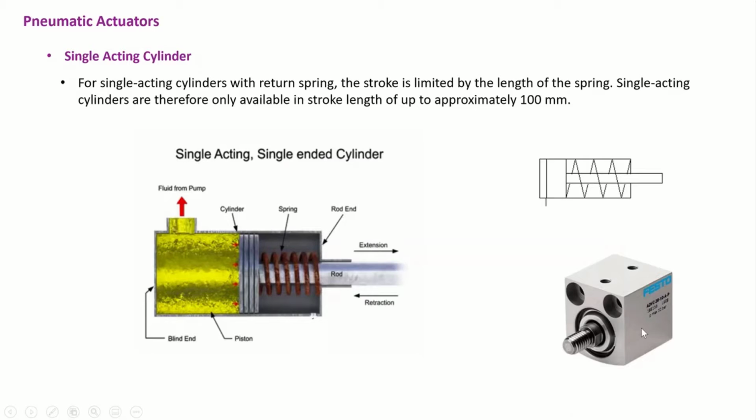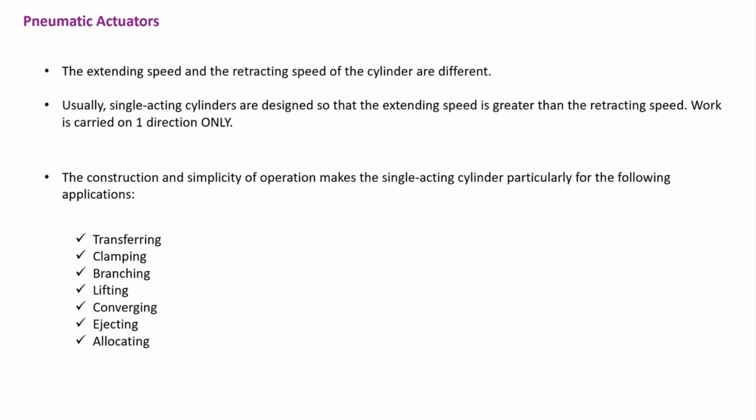Here we can see one of the commercially available single acting cylinders. In general, the extending speed and the retracting speed of the cylinder are different. Another important thing is that single acting cylinders are usually designed so that the extending speed is greater than the retracting speed.